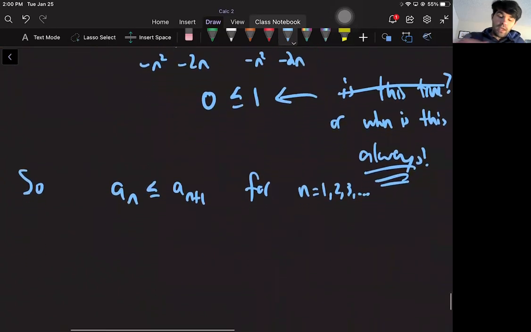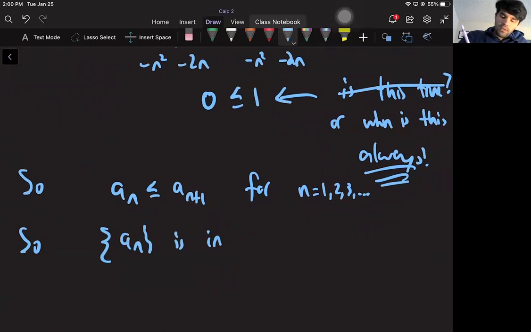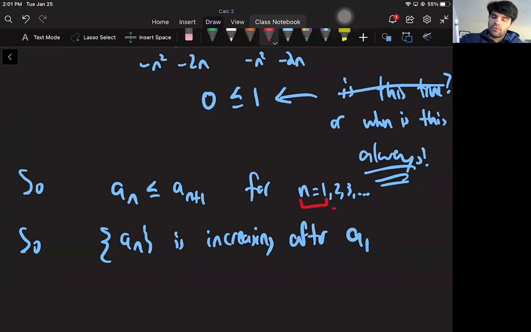So what you would say is that this sequence that we started with is increasing after A1 because this was true immediately. Sometimes what you'll get here is only true after a specific value of N, and then that will change this last thing. So we'll do an example like that as well.